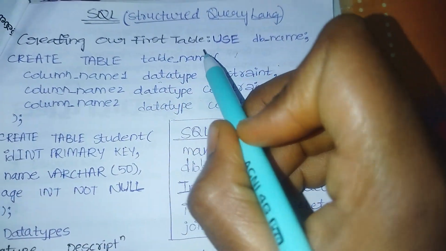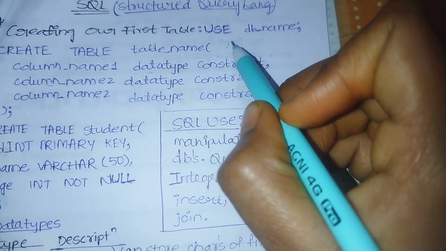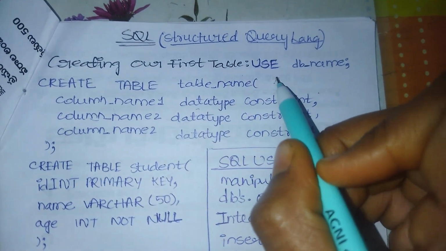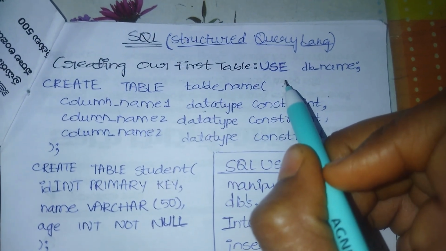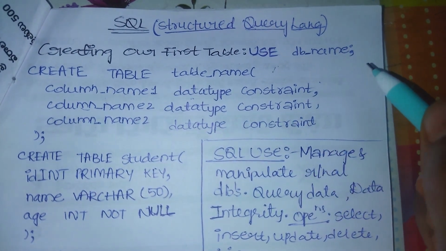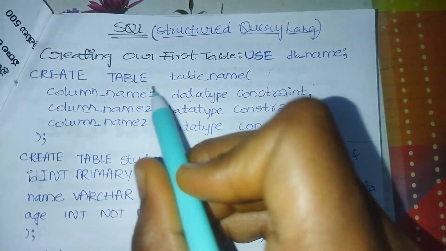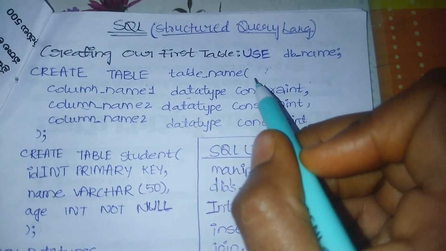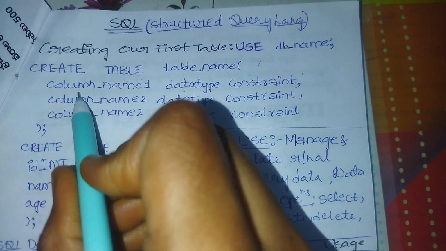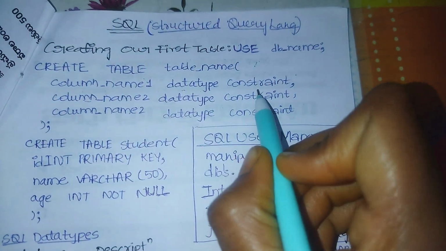Creating our first table, we will use the keyword USE database_name; the end of the line we will represent with a semicolon. Creating a table with a table_name. Creating rows and columns, we will use column_name1 with a data type and constraint.